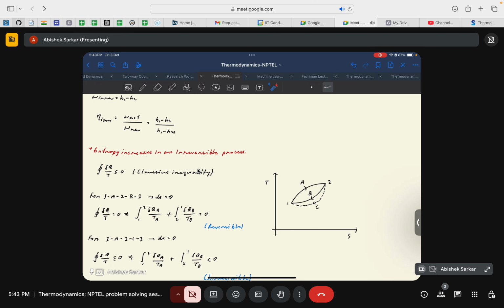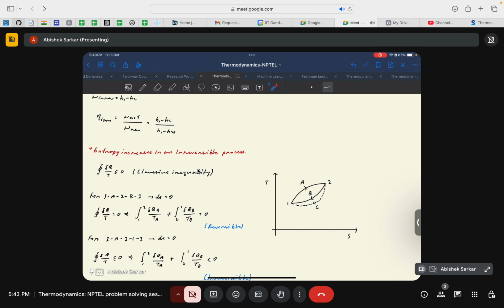We have thoroughly discussed and proved this in the last two lectures, and it's one of the very good ways, I will not say the only way, to understand the second law of thermodynamics in a quantifiable manner.